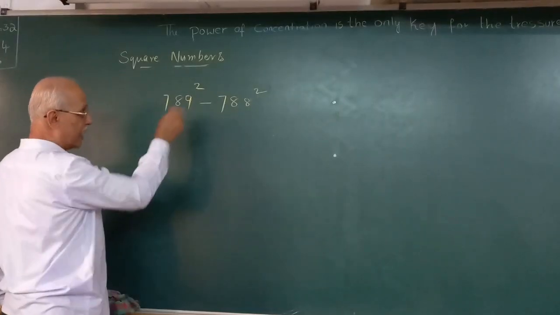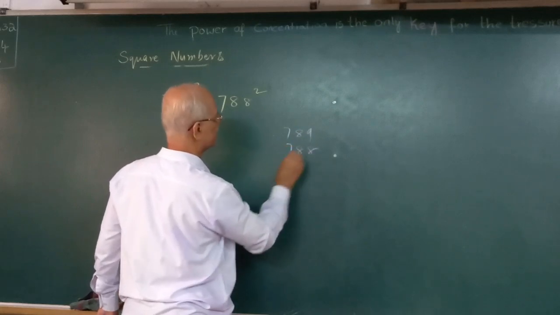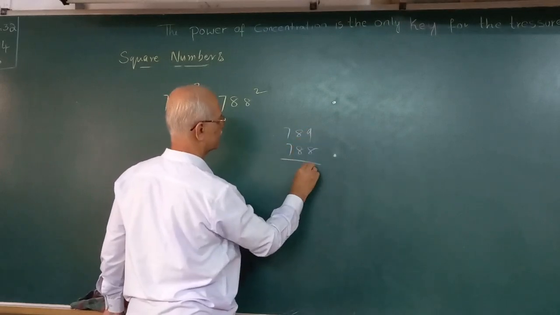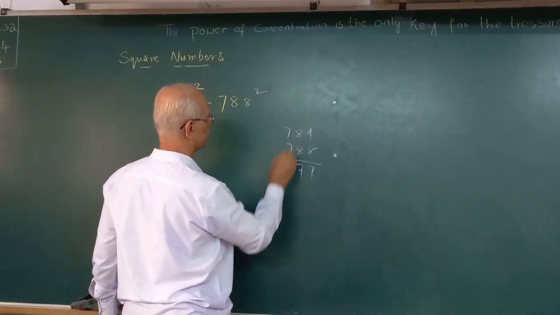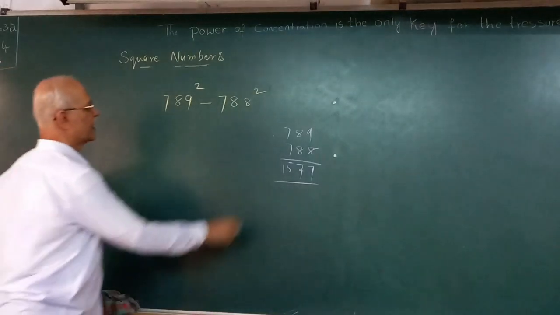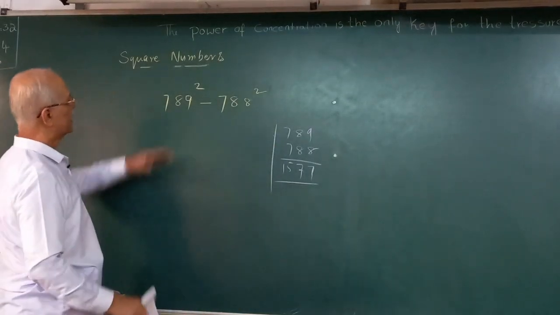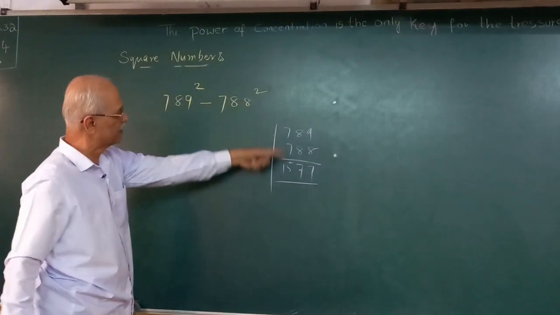Is it not? The answer is 789 plus 788, add these two. This is the answer. I have not squared or subtracted. I added these two numbers, I got the answer.